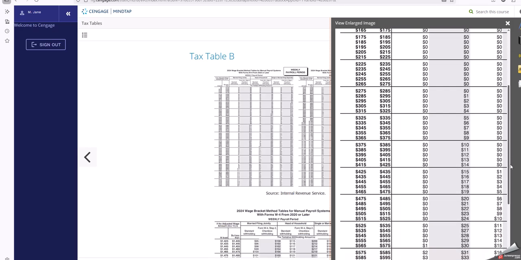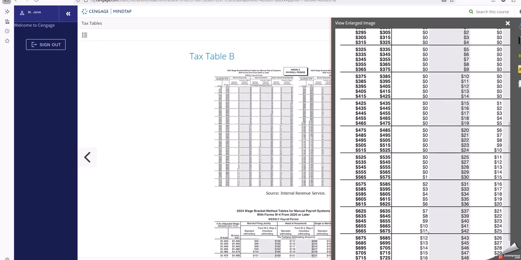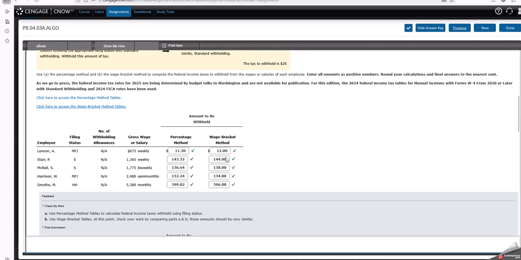So we go down to the bottom. Now we're at that threshold where we're crossing. So it's either going to be $11 or $12. So let's go back and see. They want us to pick the $12. So if they're right at that threshold, pick the higher number, and that is going to be the amount withheld.